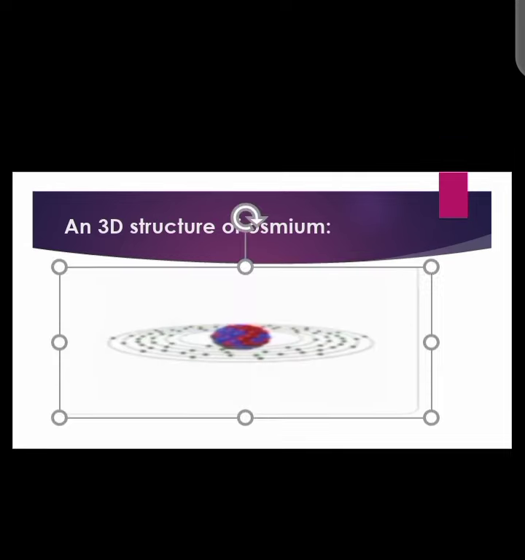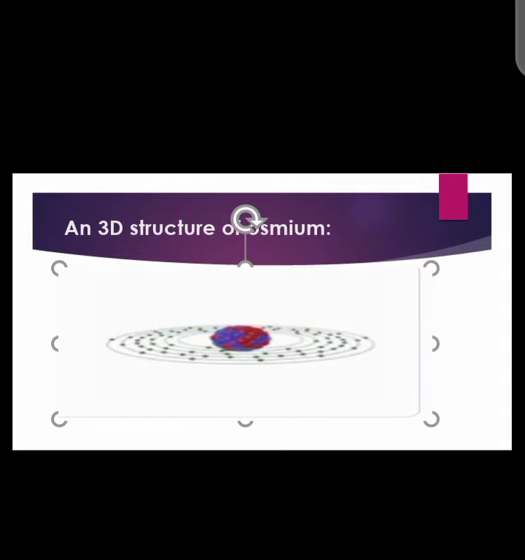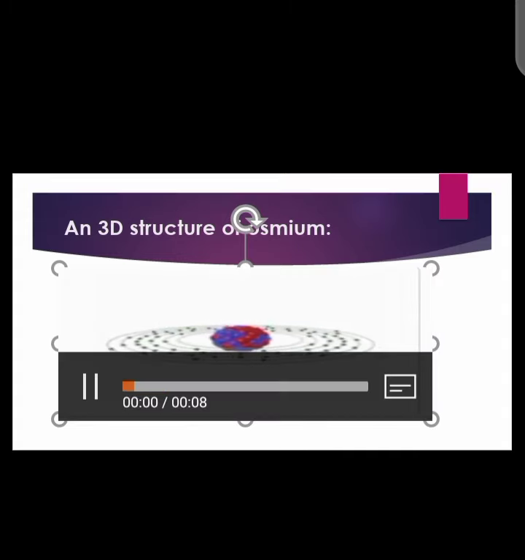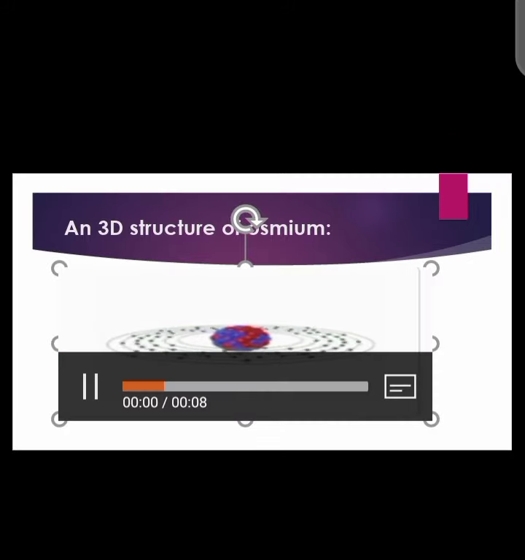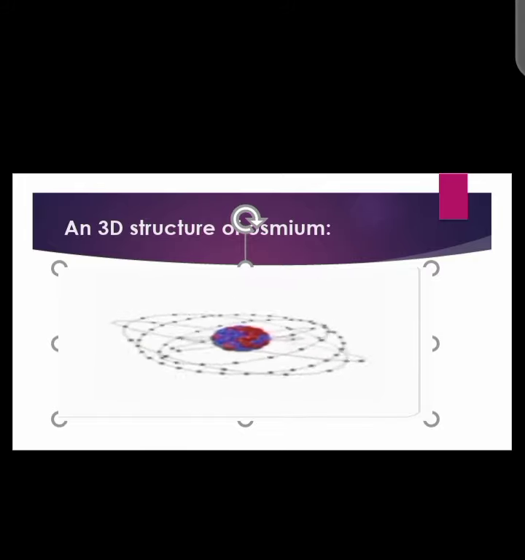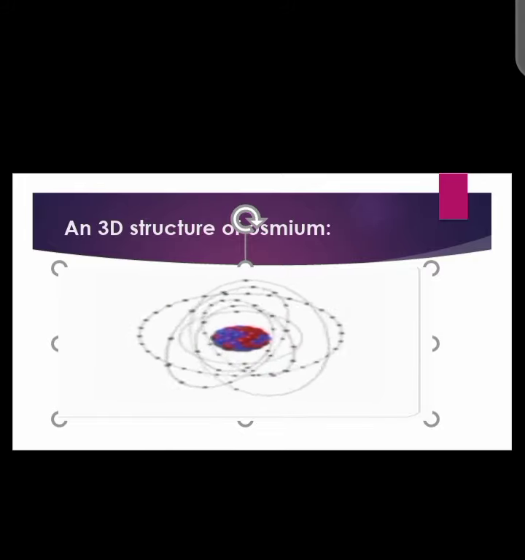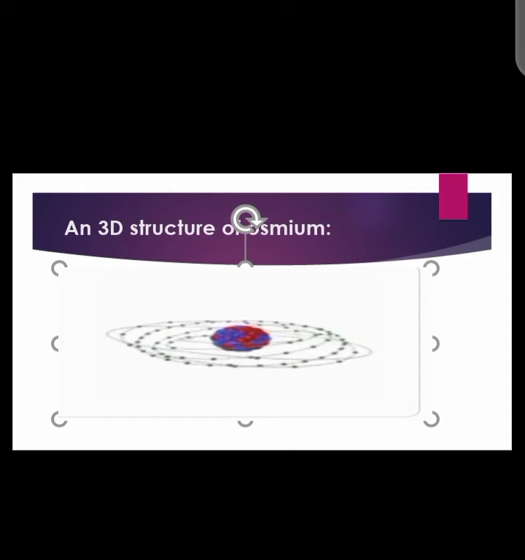This is the 3D structure of osmium, as you can see. There are red, blue and green particles, which represent protons, neutrons and electrons.